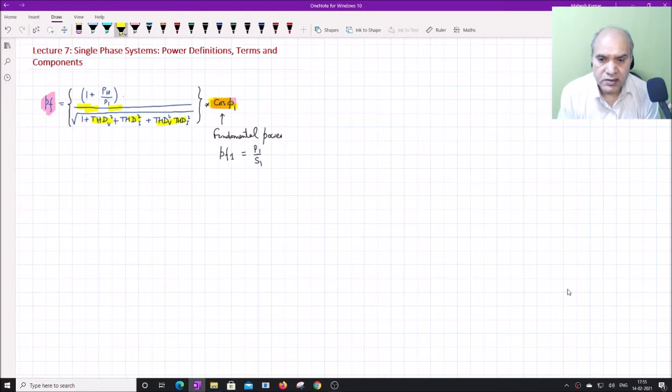This expression was derived on the basis that the power factor is defined as P by S. This is the fundamental definition of power factor. So basically it means it's the ratio of the real power by the apparent power. All definitions have been derived from this fundamental definition.